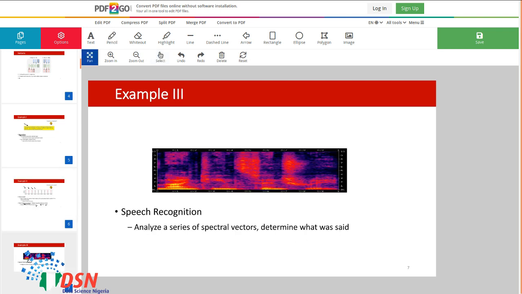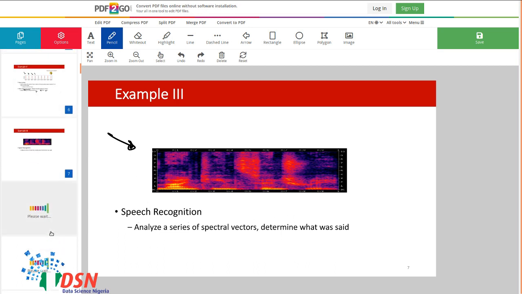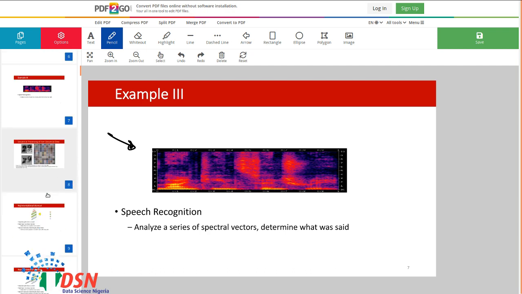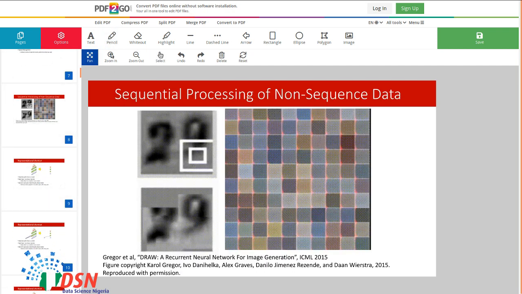And also, as I mentioned, in speech recognition, we could use RNNs to do speech recognition and convert the speech to text. Also, sometimes it is interesting to look at non-sequential data as sequential data.